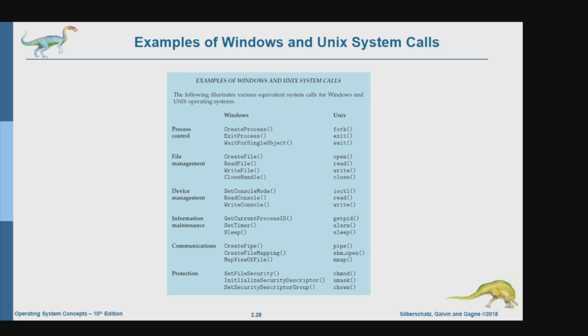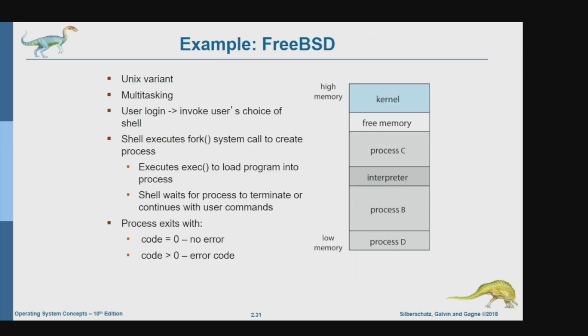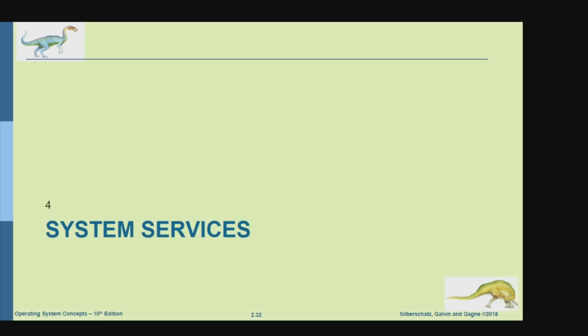On the system call, we have process control, file management, device management, information maintenance, communication, and protection. So the next part, we will talk more about the system services. That's all for this video. Thank you and Assalamualaikum.